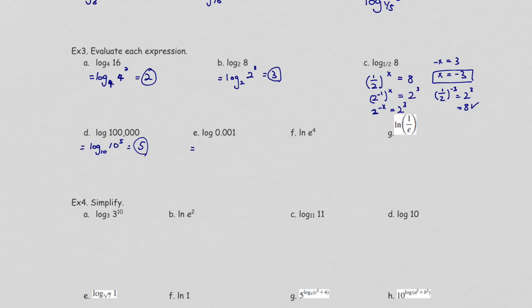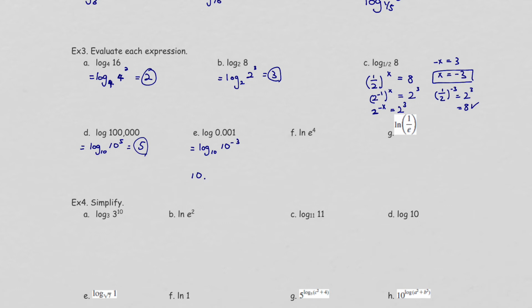This is the same thing as log base 10. That's going to be 10 to the negative third power, right? So if you have 1, your decimal is right there.